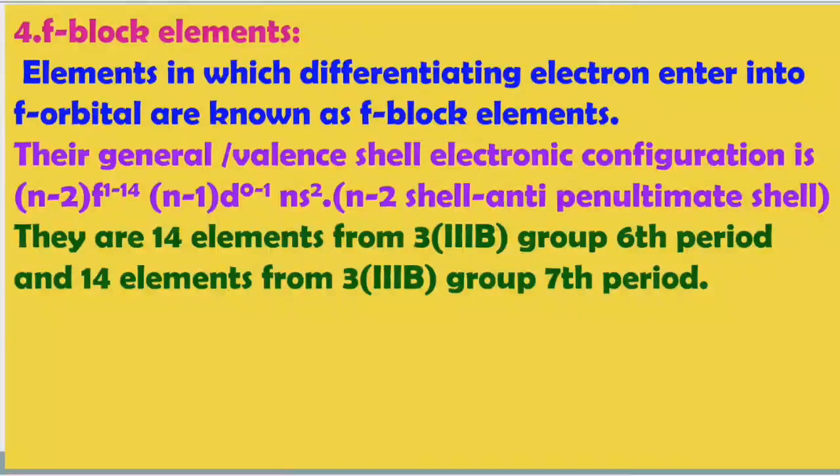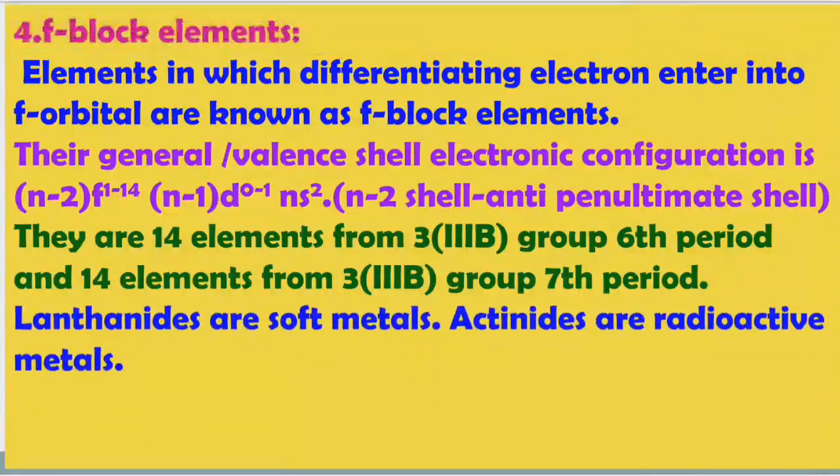Lanthanides and actinoids are commonly called f block elements because in these elements the differentiating electron enters into the f orbital. Lanthanides are soft metals and actinides are radioactive metals.